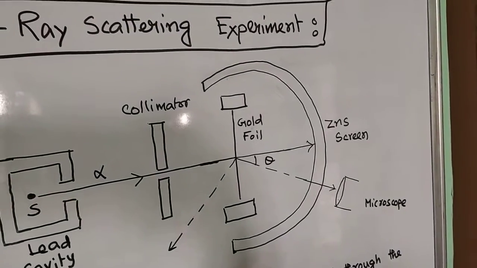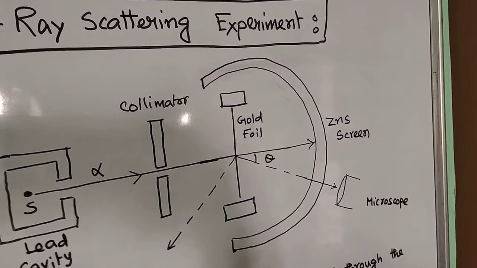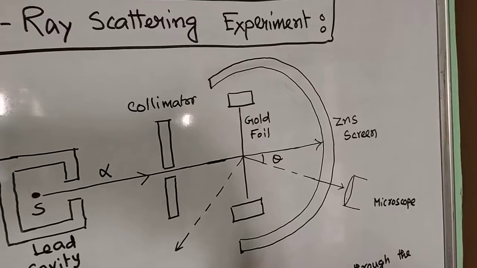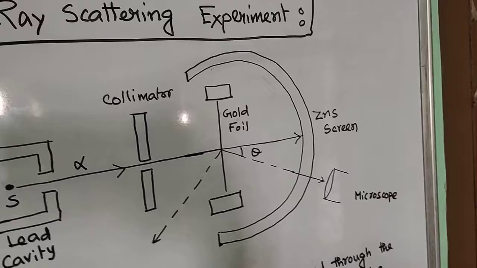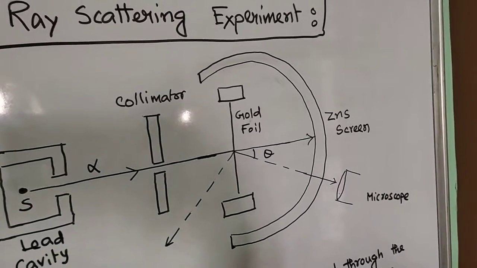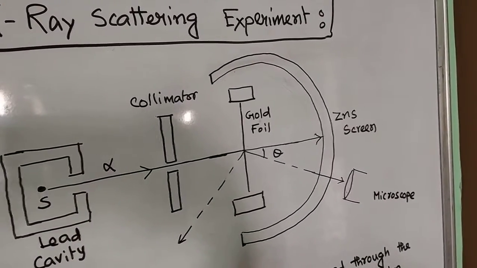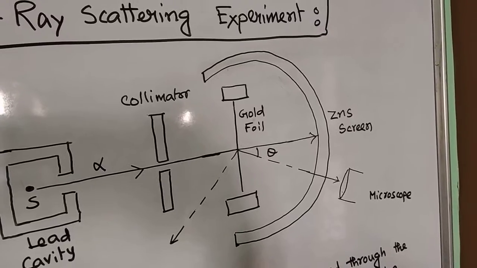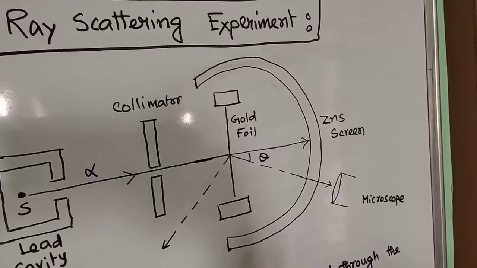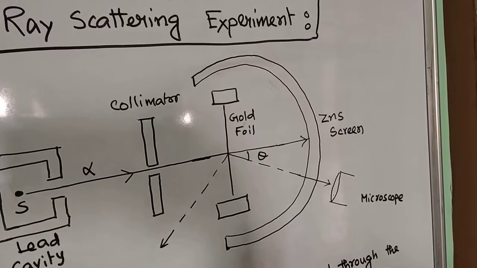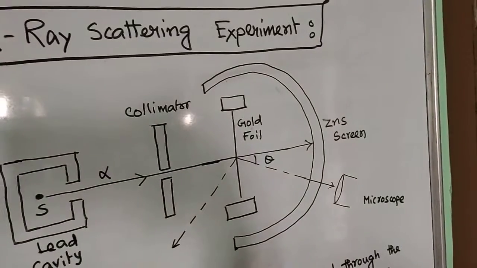So when the alpha particle moves from the source, passes through the collimator and strikes the gold foil, it is assumed that some of the alpha particles go straight without suffering any deviation. From this we can say that most of the space within the atom, and the atoms are there in the gold foil itself, is empty.